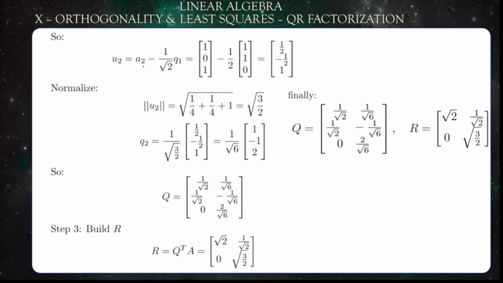Now U2 is equal to A2 minus 1 divided by the square root of 2 times Q1, which is 1, 0, 1 minus 1/2, 1/2, 0.